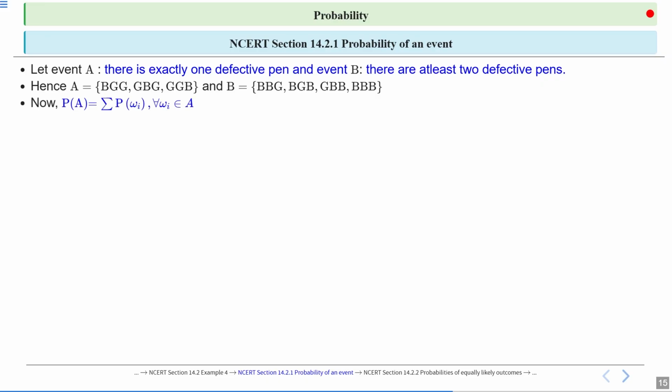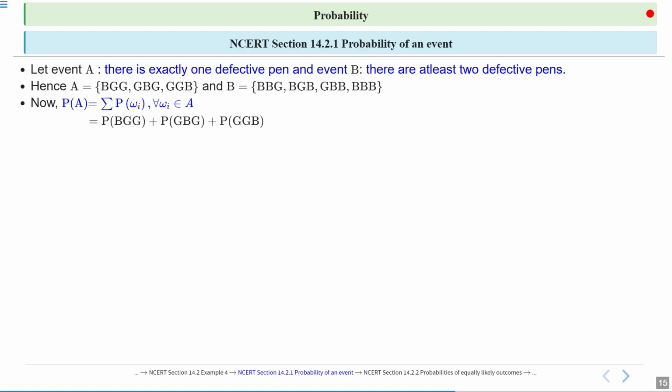And now P of A. We have studied in the axiomatic approach of probability. Okay, so there we have seen P of A is equal to basically the summation of P of omega i, for all omega i belonging to event A. Okay, so this is equal to P of BGG plus P of GBG plus P of GGB.